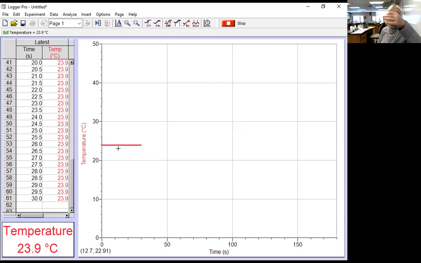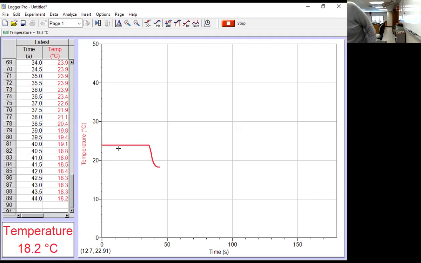Now I'm taking the salt and I'm going to add the salt to the solution. This is KCl. You can see what's happening as that salt dissolves is that the temperature dropped.